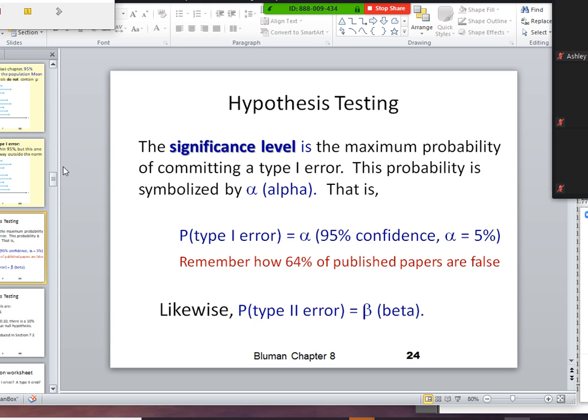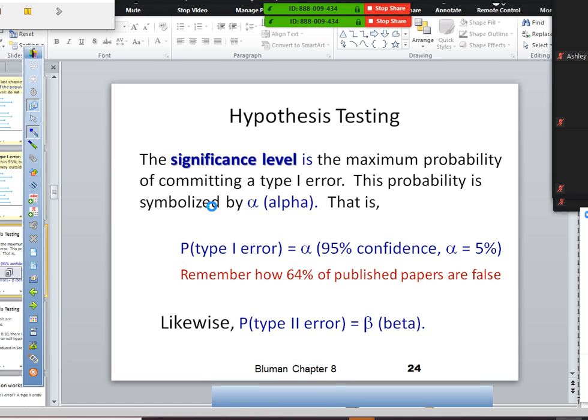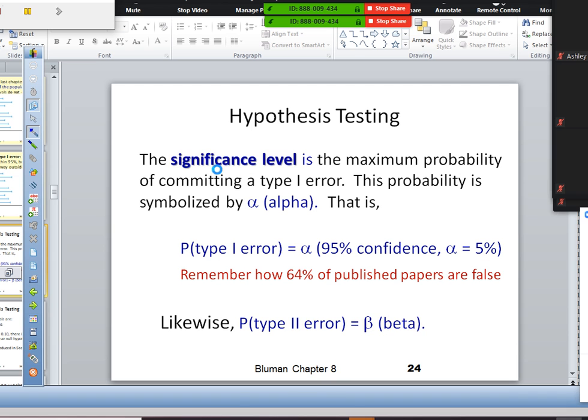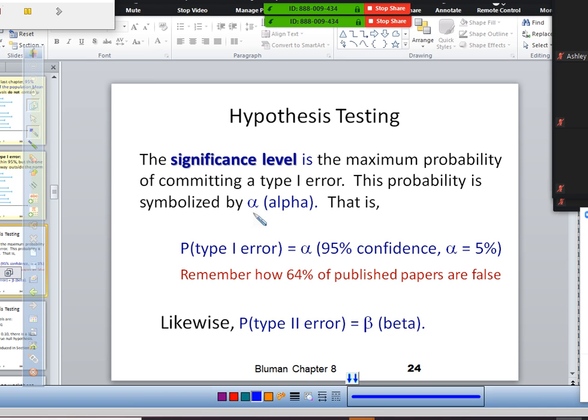That's called the alpha. So alpha is the significance level. It's the level of unusualness. So typically for us, what's our level of unusualness? We consider something unusual if it is, help me out guys, 5% or less? 5%. Thank you. 5% or less.